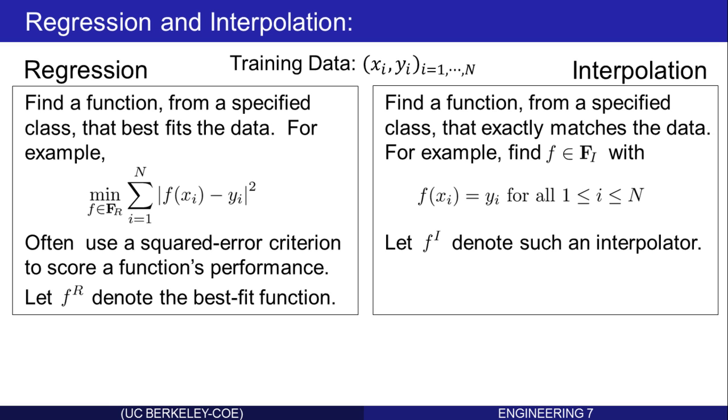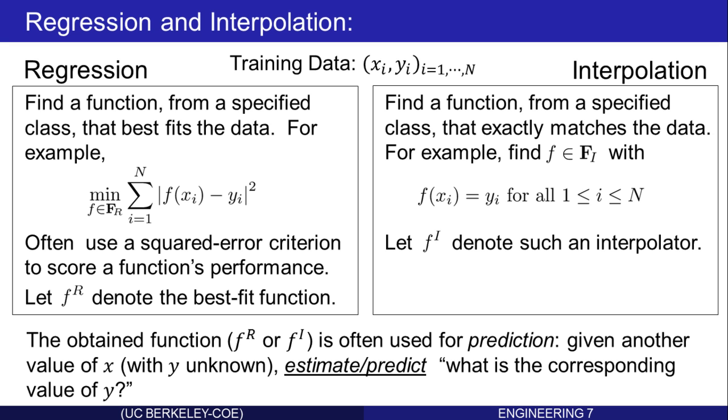That's what regression and interpolation are. The obtained function, either the optimal regression function or one of the interpolating functions, is often used for prediction. By that we mean, given another value of x, with y unknown, estimate or predict what's the corresponding value of y.